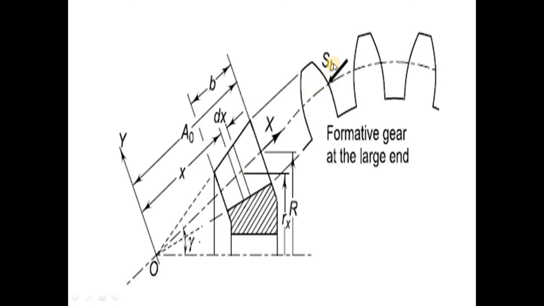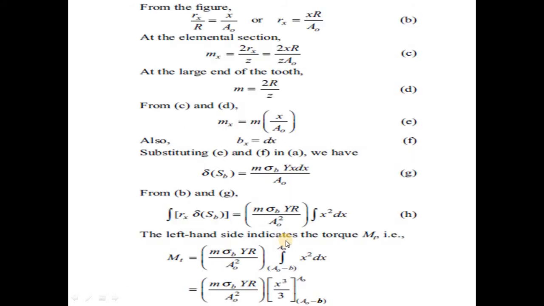Here SB is the total beam strength, but when we consider that total dx element, at that time the force element is delta SB and the perpendicular distance is Rx, because here we take the moment and we can find the torque. Torque is equal to force into perpendicular distance. Force here is delta SB and perpendicular distance is equal to Rx. That's why here we can consider delta SB into Rx as the torque moment.